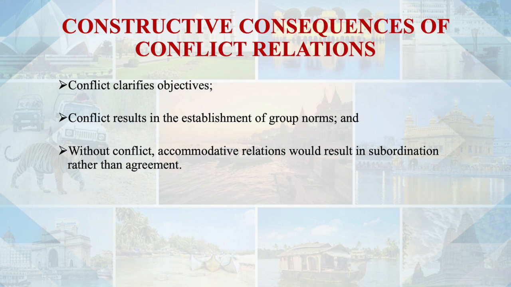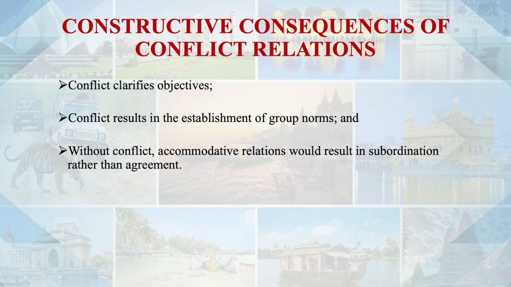So this definition basically gives 5 different dimensions of the conflict, and it is related with group behavior. It says that conflict sets group boundaries by strengthening group cohesiveness. It also reduces tension and permits maintenance of social interaction because one is under stress. It clarifies objectives. It results in establishment of group norms, and without conflict, accommodative relations would result in subordination rather than agreement.